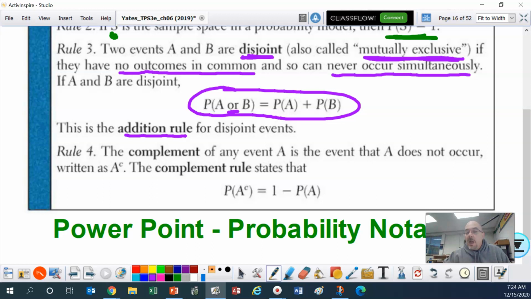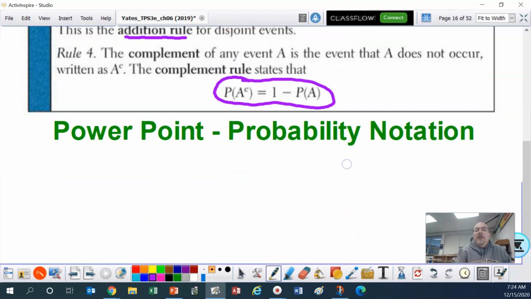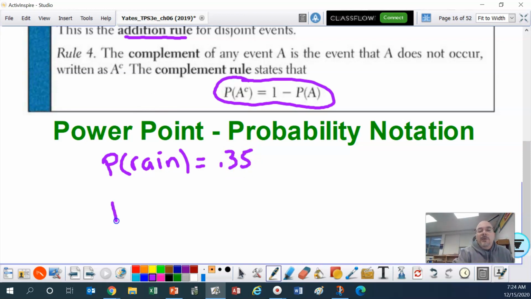Rule number 4, the complement of an event A is the event A does not occur, written as A^C. So the complement rule states, this is what it looks like. For example, I'll get to this PowerPoint in a minute. If I know the probability that it's going to rain outside is, let's say, 0.35, which is 35%, what's the complement of that?